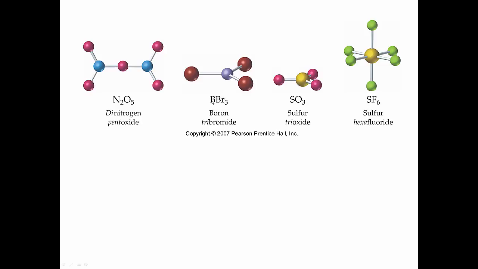Here we have a boron with 3 bromine atoms. So this is called boron tribromide. Again, for the first element, we don't use mono. Here we have sulfur trioxide. Here we have sulfur hexafluoride. So you should be able to name these molecular binary compounds.